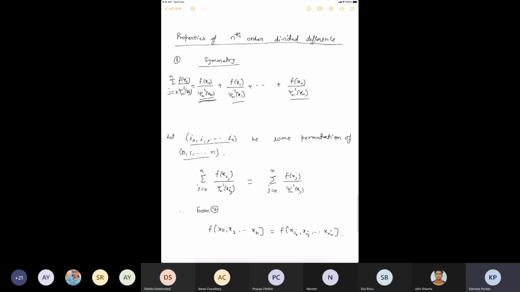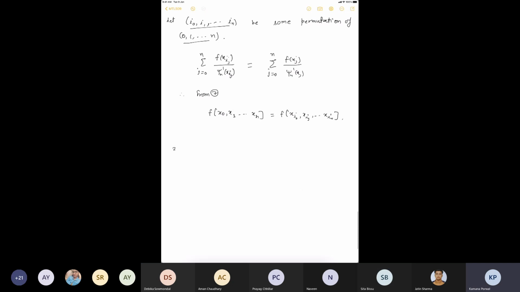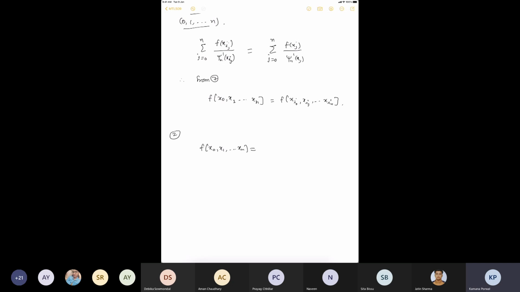Second property, what we are going to observe is that these nth order divided differences can be written as the difference of two (n minus 1)th order divided differences.